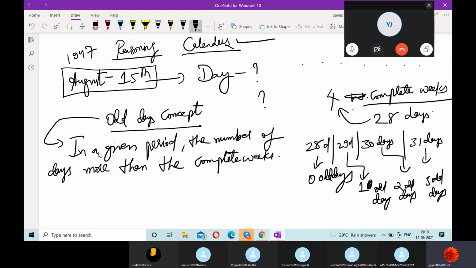So what did I say? In a given period, the number of days more than the complete weeks. Here 4 weeks make 28 days, so you have no extra day. Here you have 1 extra day, 2 extra days, 3 extra days. Those are called odd days.